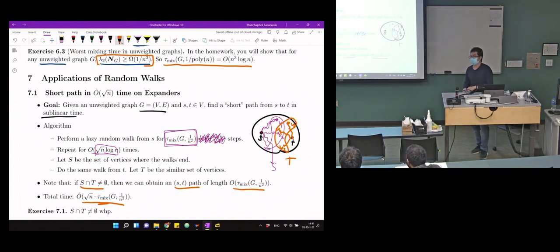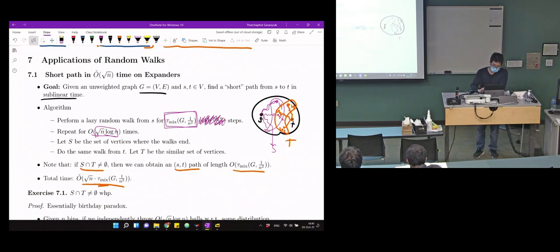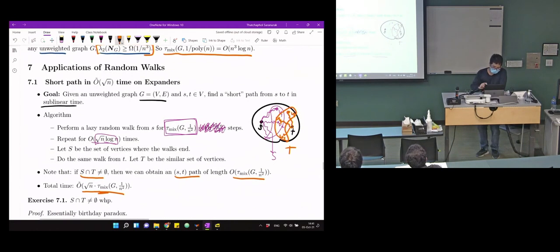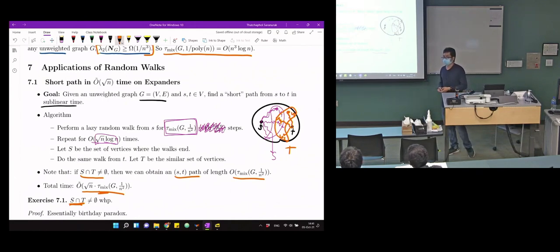So in an expander, what does it mean? Before that, it will be the case that S and T are going to intersect with high probability. The reason is basically the birthday paradox.